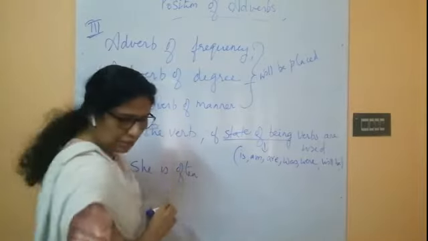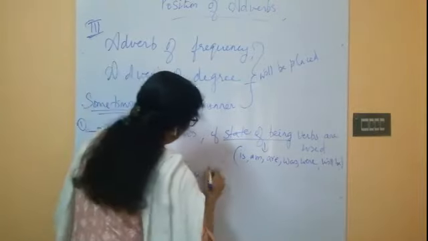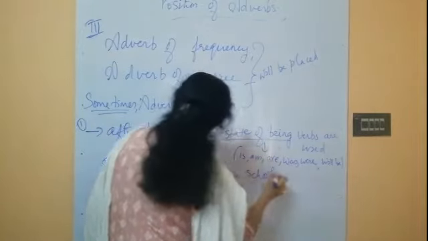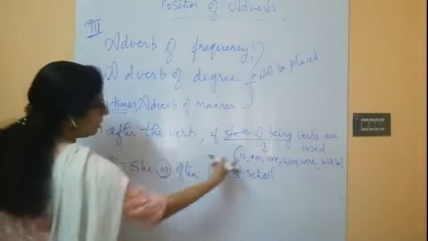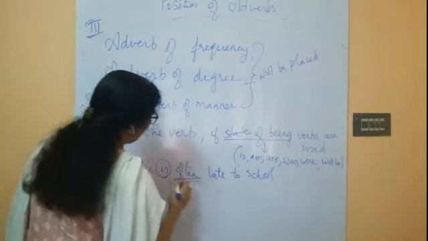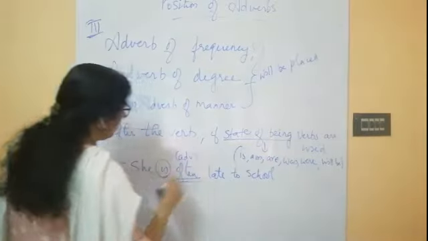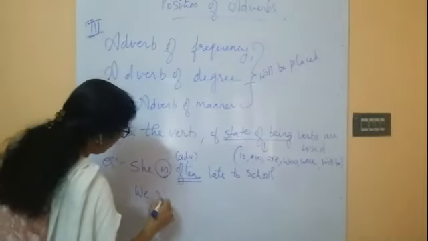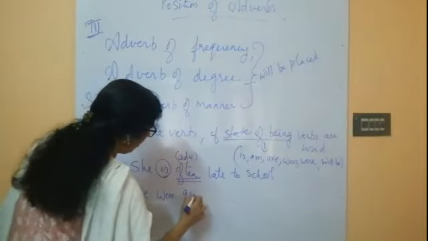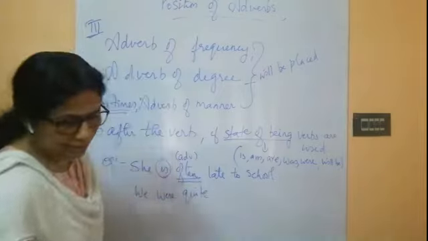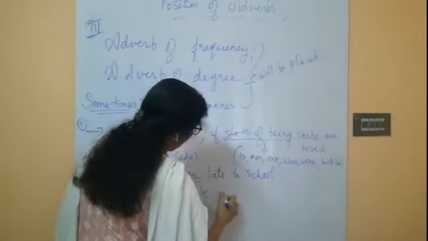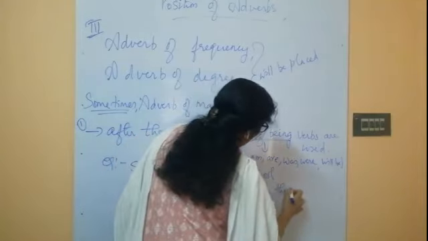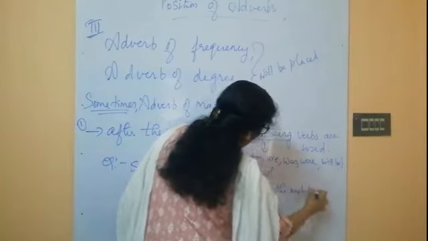She is often late to school. So here we can see the state of being verb is there and this is the adverb. Next one, we were quite in time for the match.